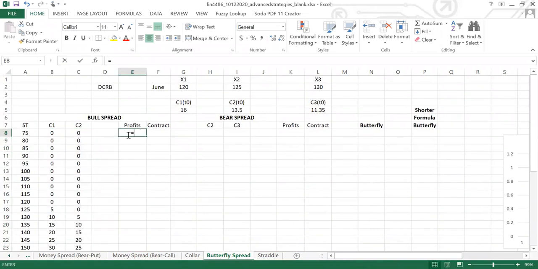And now the profits of the bull spread. We're focusing on the bull spread first, where we're buying the call option with strike 1 and selling the call option with strike 2. We buy the call option with strike 1 by paying the premium, which we have here.